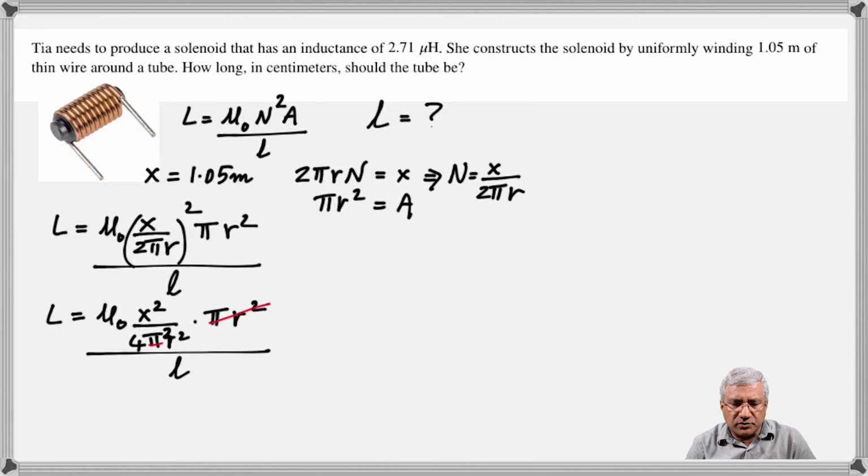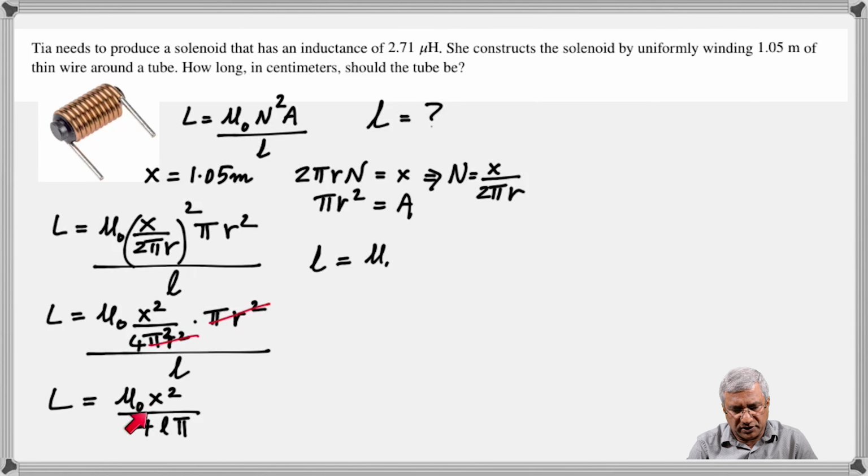So in the numerator, we can see that the pi r squared cancels, but remember there is one pi left because it's pi squared. And then you have the mu naught x squared divided by 4l, because dividing by 4 and then dividing by the length just means dividing by 4 times the length. And then you have the pi.